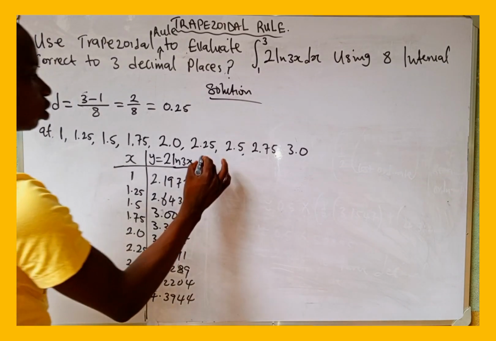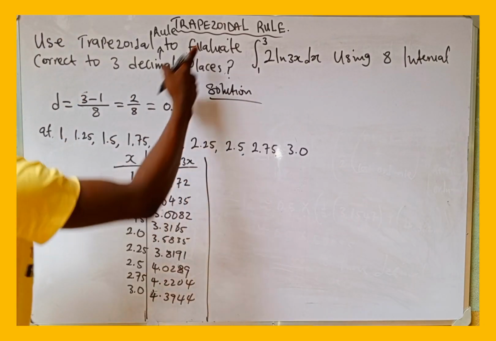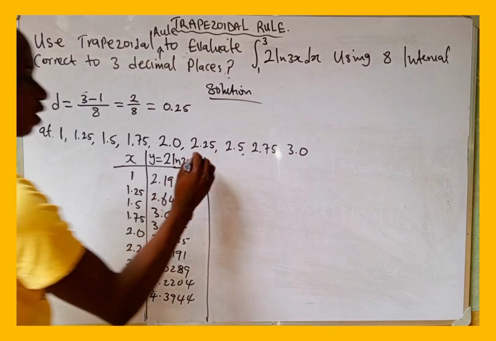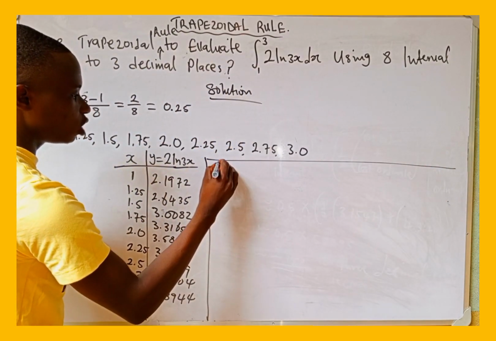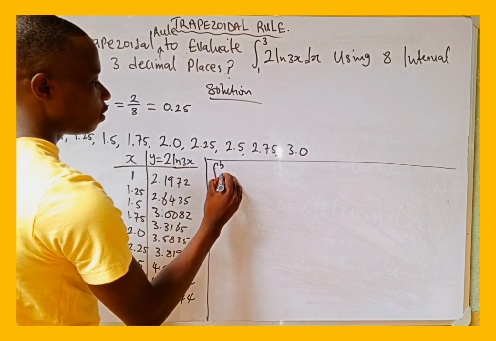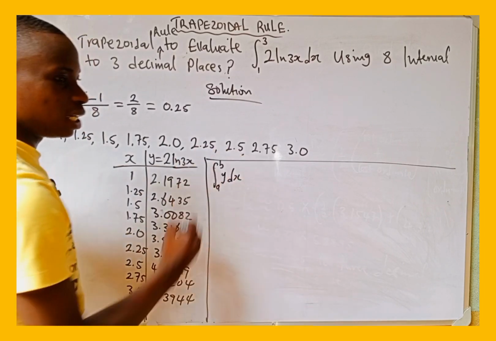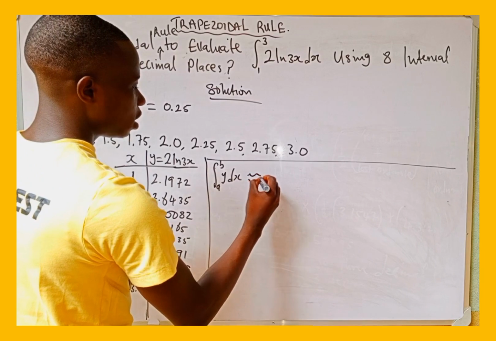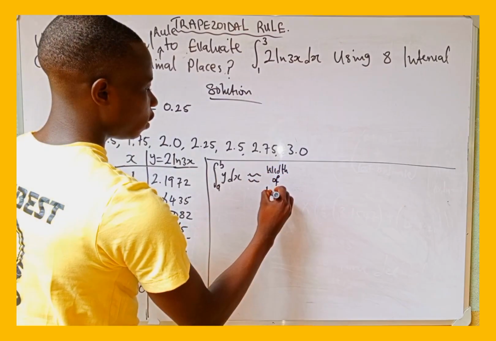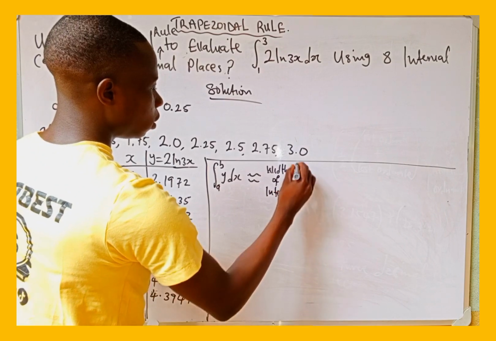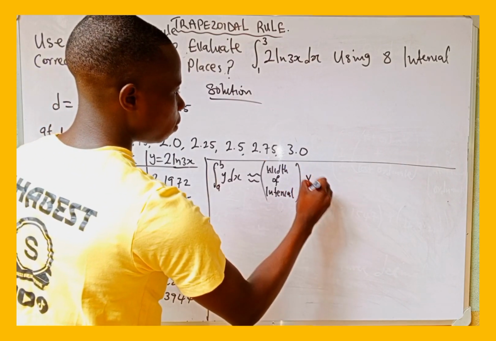So the next thing we are going to do is to write the formula, the trapezoidal rule formula used to evaluate the integral. So the formula is given as integral of a to b, this is the limit, function with respect to x, approximately what? Width of interval, then multiply by what?